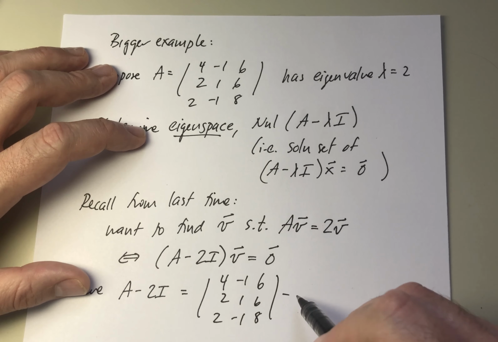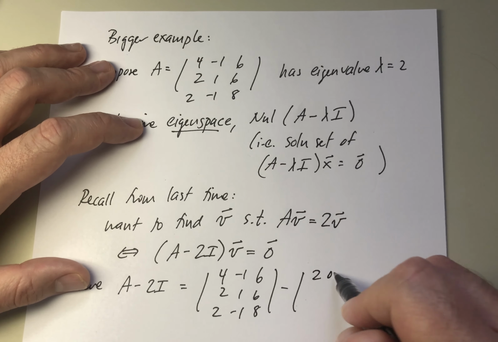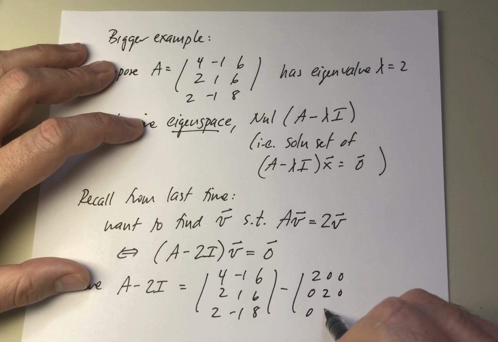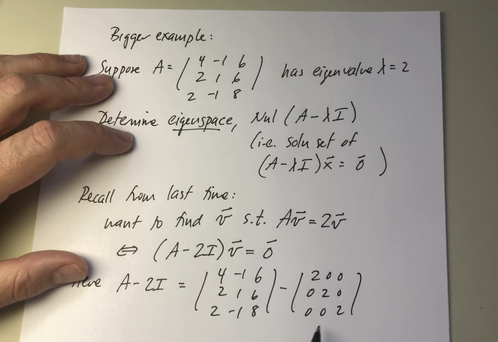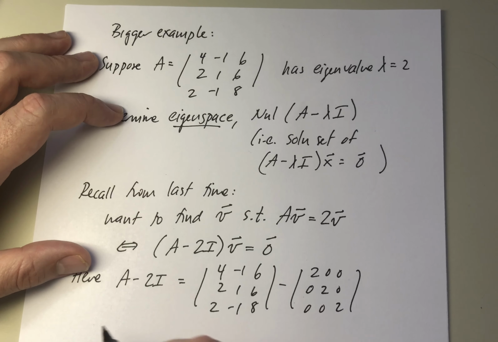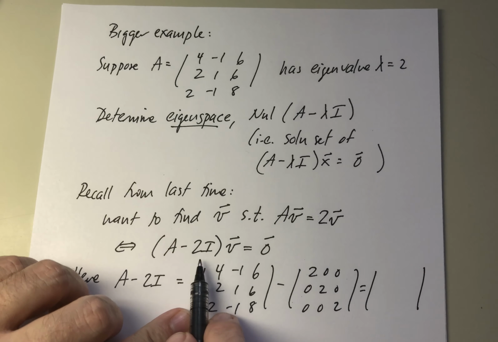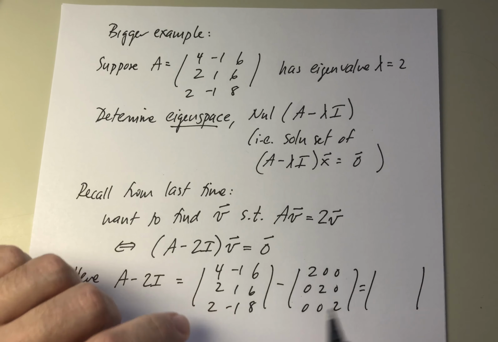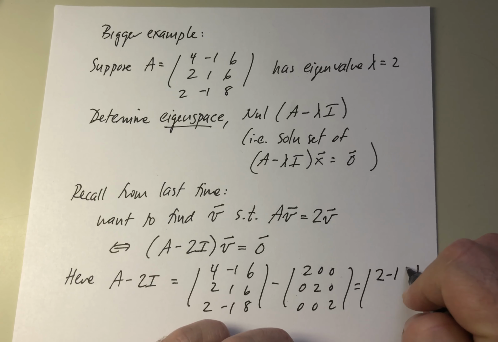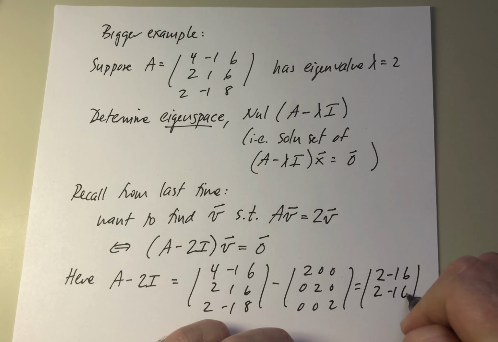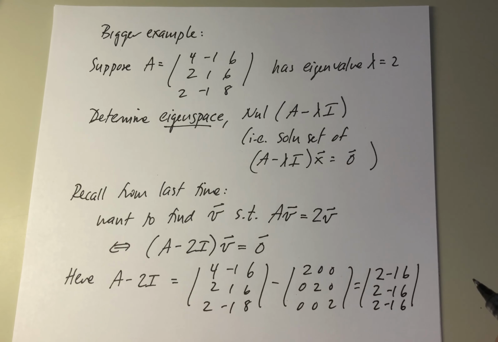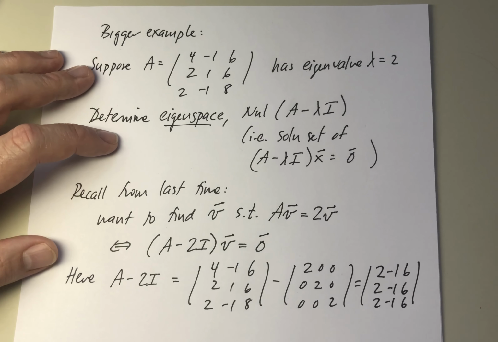It's this 3 by 3 matrix minus 2I, so 2, 0, 0; 0, 2, 0; 0, 0, 2. That's 2 times the identity. I am taking away 2 on the diagonals, so this is 2, minus 1, 6; 2, minus 1, 6; 2, minus 1, 6. That's my coefficient matrix.